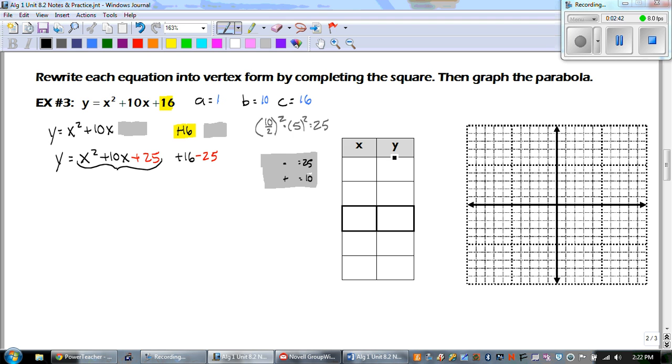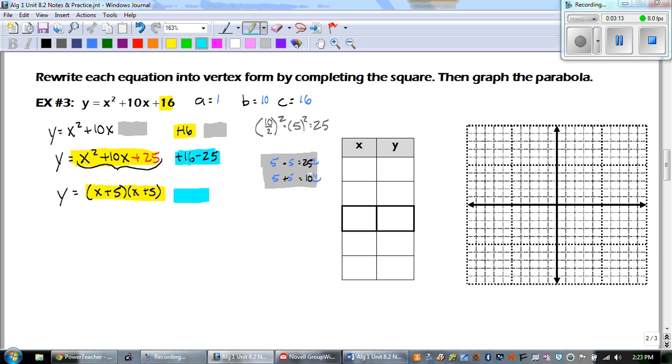What are those? 5 times 5 is 25, and 5 plus 5 is 10. So that new part is going to be x plus 5 times x plus 5. So this part right here turned into that. And now we just worry about the outside.